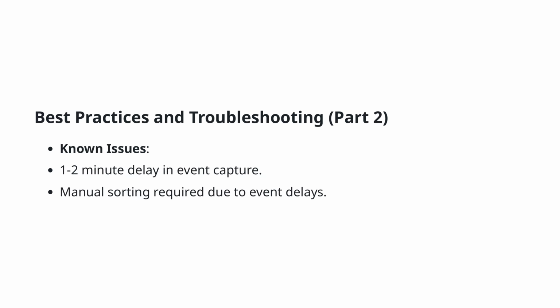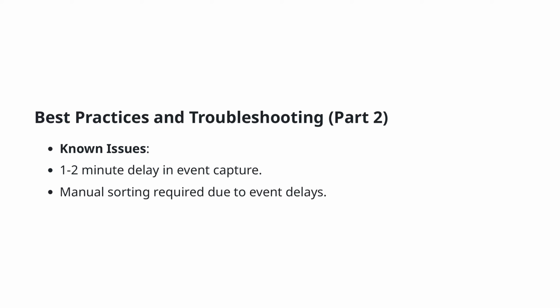Now, let's continue with more best practices and troubleshooting tips in this section. We'll touch on some known issues you might encounter. First, there's a 1 to 2 minute delay in event capture. This delay means that events might not appear immediately, causing potential short-term confusion. To manage this, it's recommended to build in a small buffer time for critical monitoring tasks.